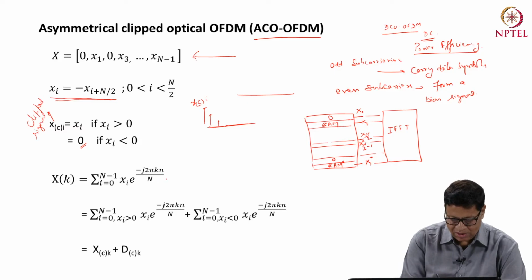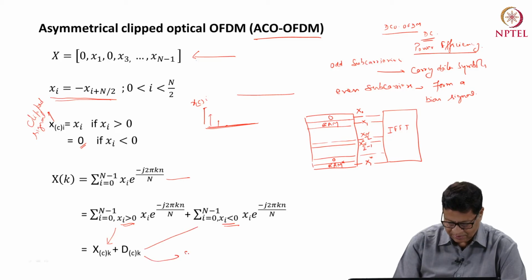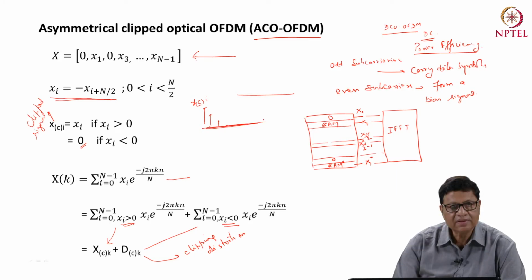Now this can be broken into two parts, when x_i greater than 0 and x_i less than 0. x_i greater than 0 is the clipped signal, which is represented by X_ck, and this is the clipping signal. x_i less than 0 is the clipping distortion. So this can be written as clipping distortion, because you have clipped, there is a hard clip at 0 level.